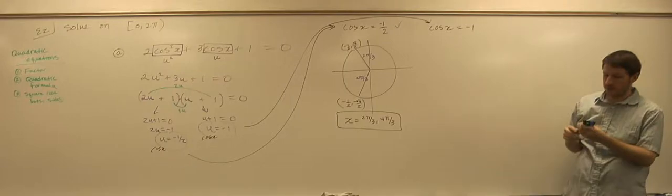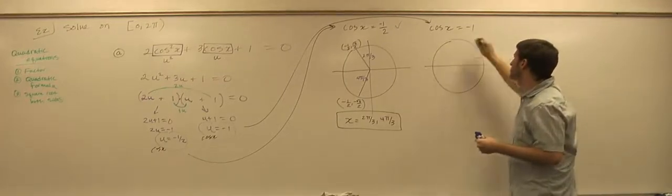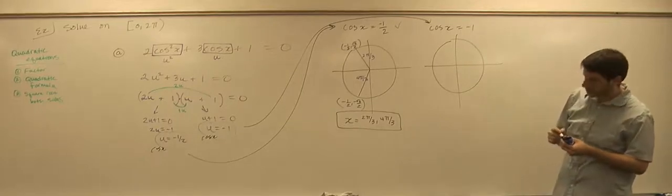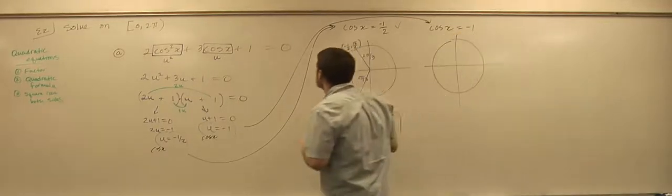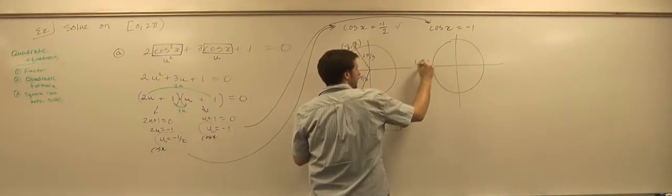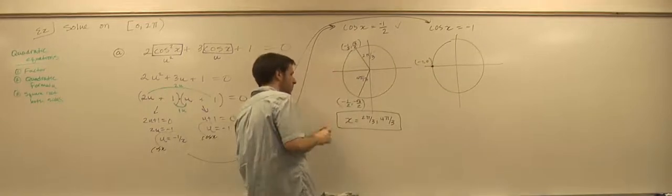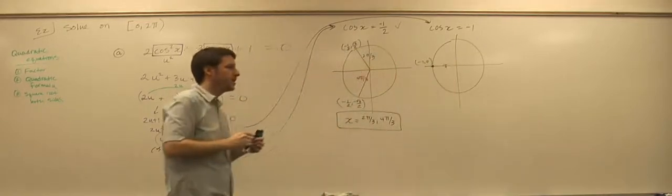Then I move on to this. Where is cosine -1? Well, let's see, -1, I think that's over here for my x value. So cosine is -1, and the angle is pi.